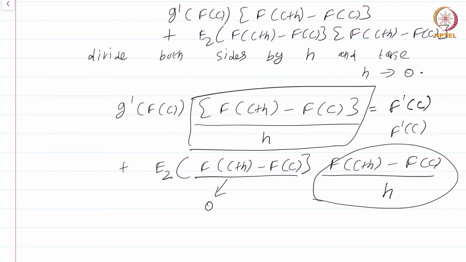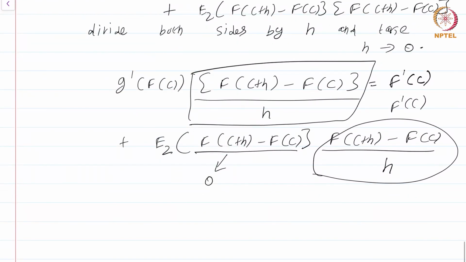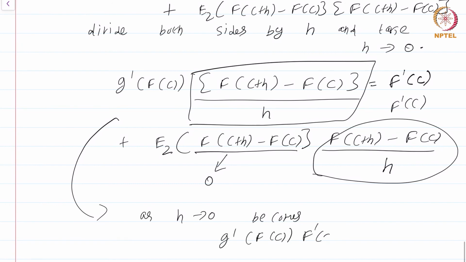And we know that as the inside part of E2 goes to 0, E2 must also go to 0. In fact, E2 itself will go to 0 as h goes to 0. So even without that division by h, it has to go to 0. So this whole thing as h goes to 0 becomes g prime of f of c times f prime of c as required.